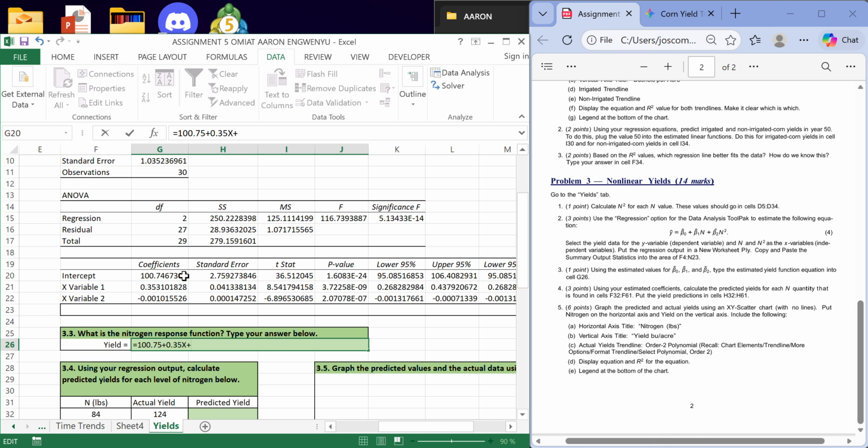Why not? Plus, actual minus 0.001 times x squared. Let's try this.